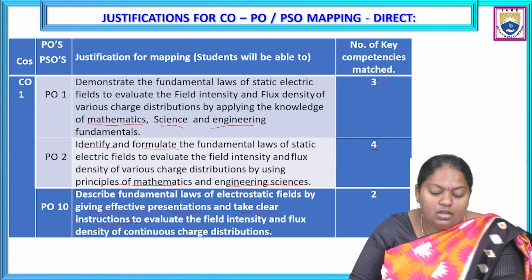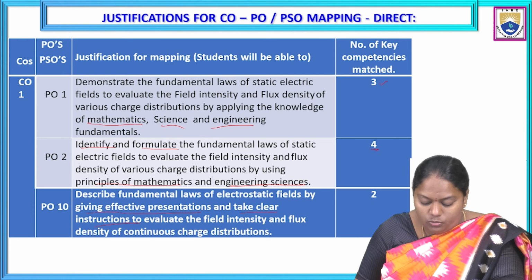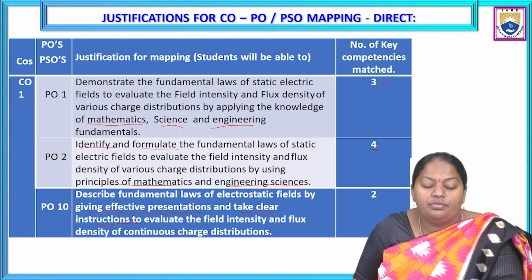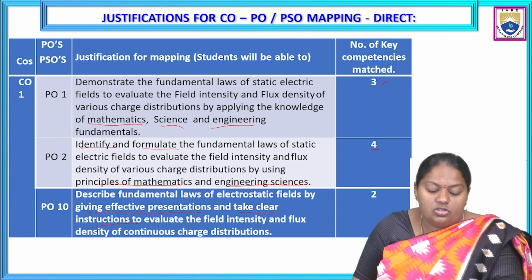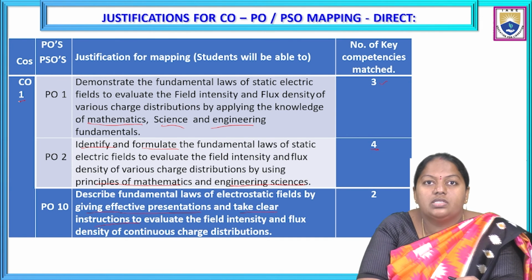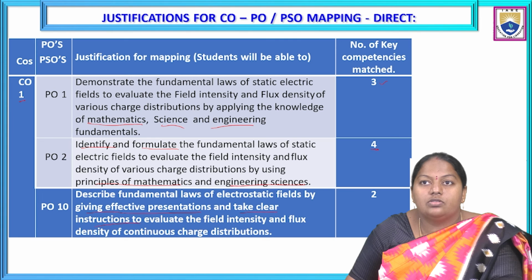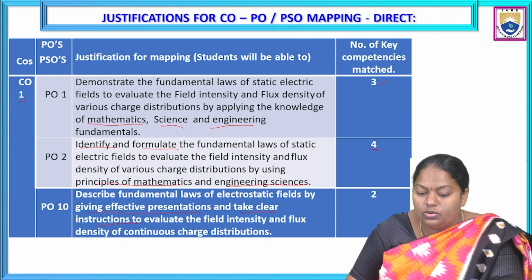Then in the communications case, I have considered only 2 keywords: giving effective presentations and taking clear instructions to evaluate the field intensity and the flux densities of these charge distributions. Why? Because CO1 is applicable for the electrostatic fields. So depending upon this, the weightage and the competence values are given as 3, 4, 2 like that.